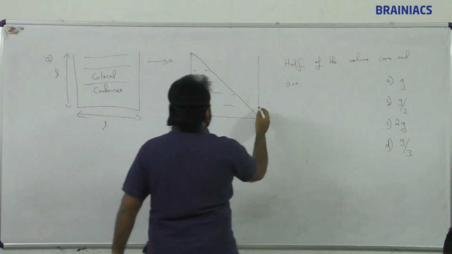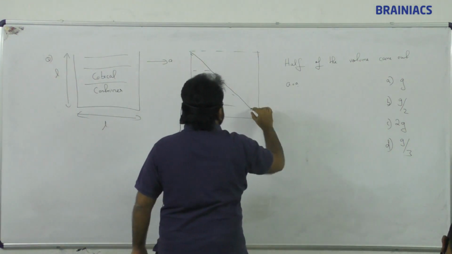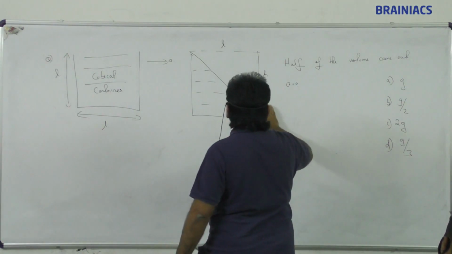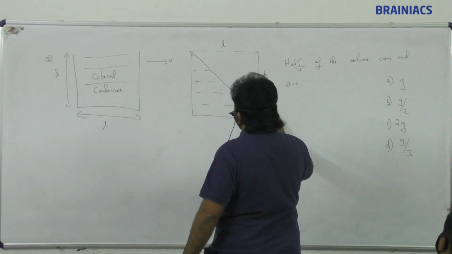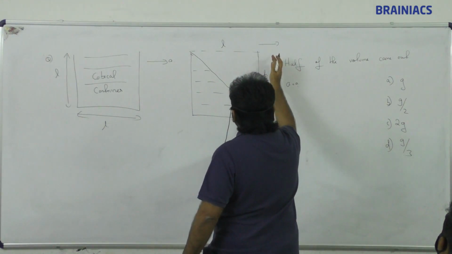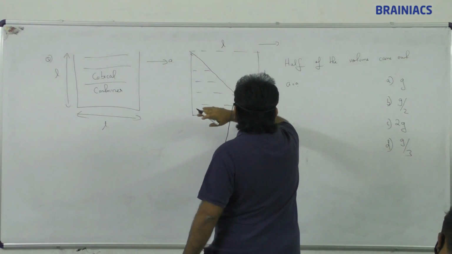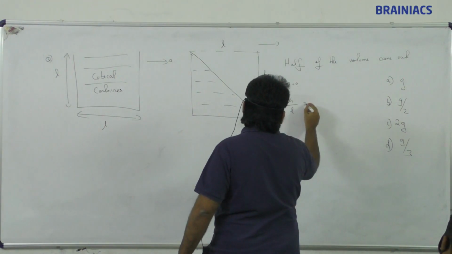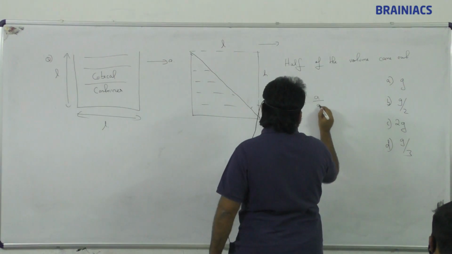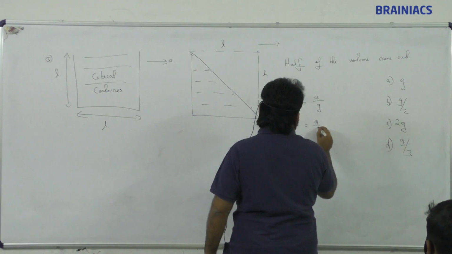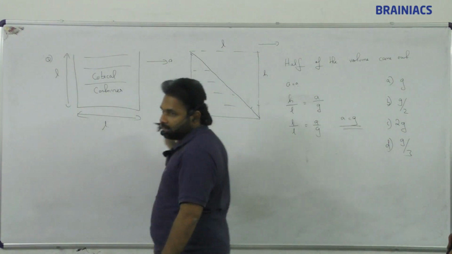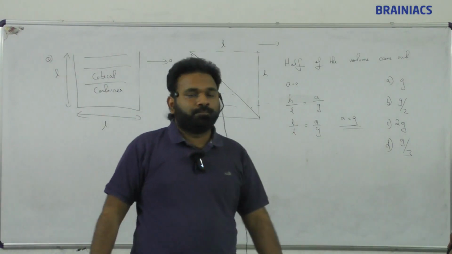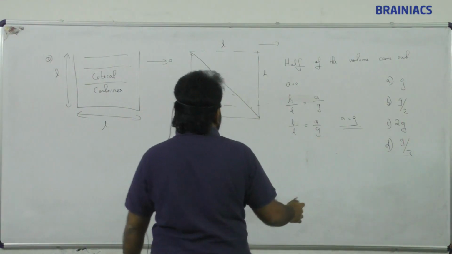Suppose this is theta, then this is H and this is L. If it is moving in this direction, tan theta is equal to H by L, which is equal to A by G. So this is L by L equals A by G, so we can say that A is equal to G. Clear? Okay, move with this short formula.